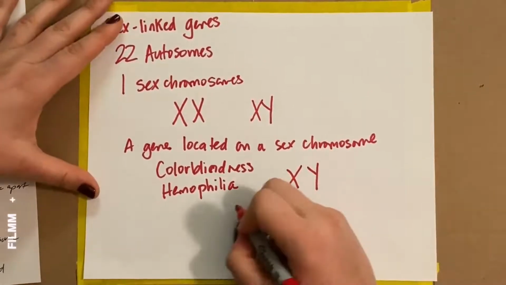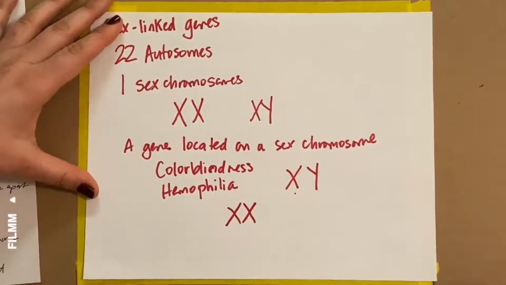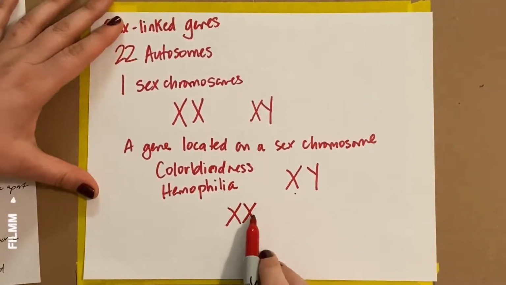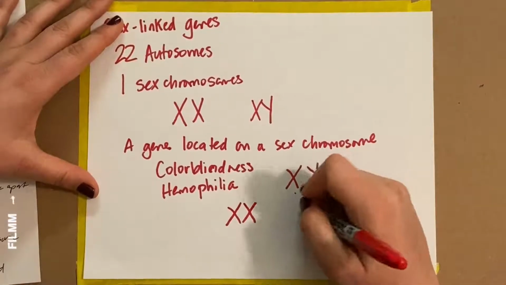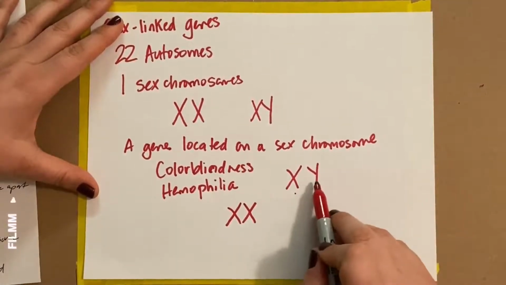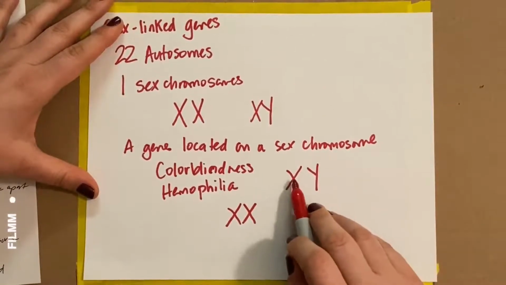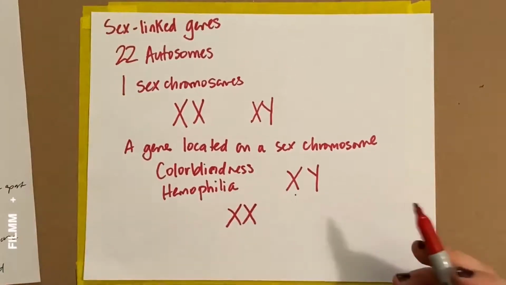In women, you often have XX, so if you have a faulty gene on one of your X's, you have another backup gene. But men don't have a backup gene because the Y chromosome does not carry the same genes as the X chromosome.